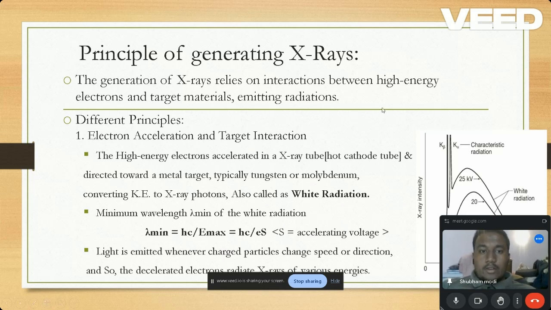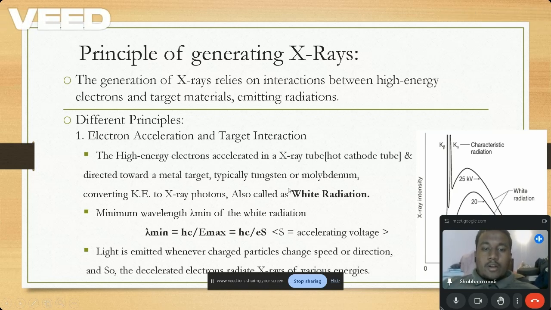Principles of generating X-rays, meaning what are the different principles which we can use to generate X-rays. The first principle is electron acceleration and target interaction, meaning electrons get accelerated in an X-ray tube or a hot cathode tube and directed toward a metal target which converts kinetic energy to X-ray photons, and this phenomenon we can state as white radiation.